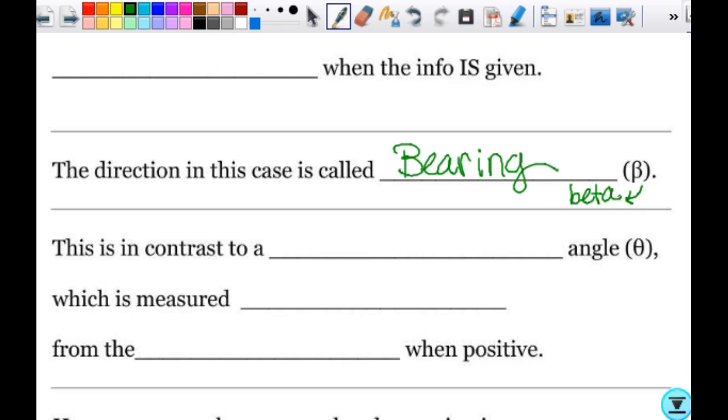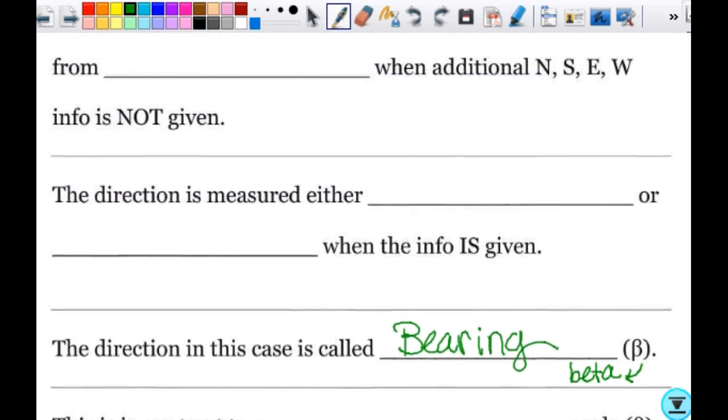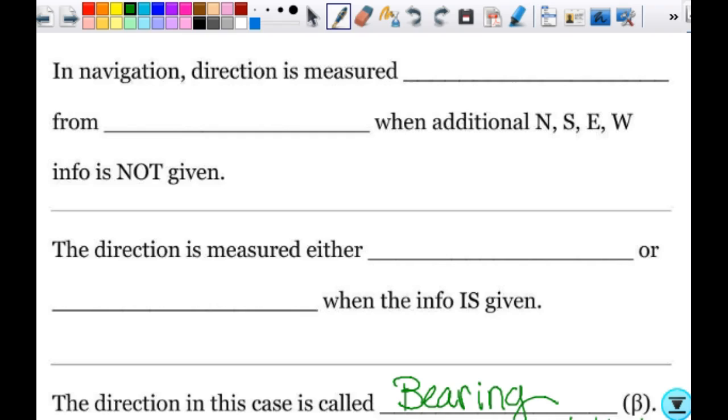So we're going to talk about bearing, and there are two different ways that you can talk about bearing, which means there are two different ways that it's measured or drawn, in our case, to draw the pictures. So in navigation, direction is measured clockwise from true north.